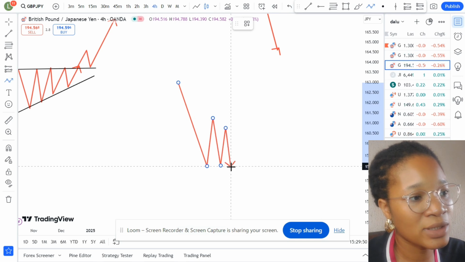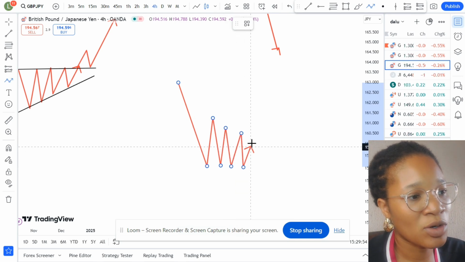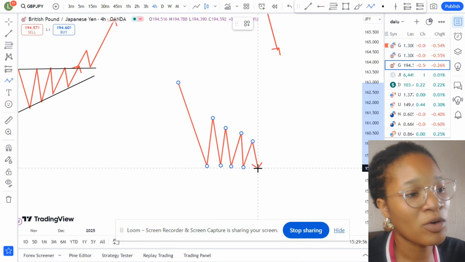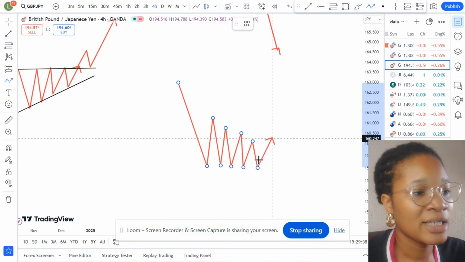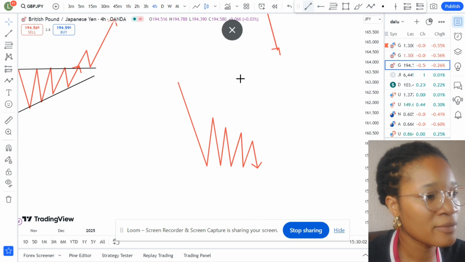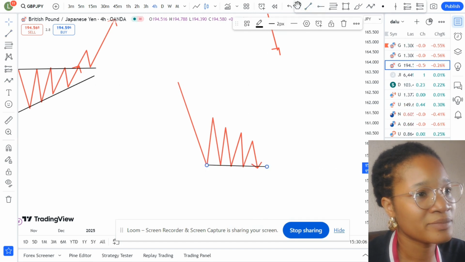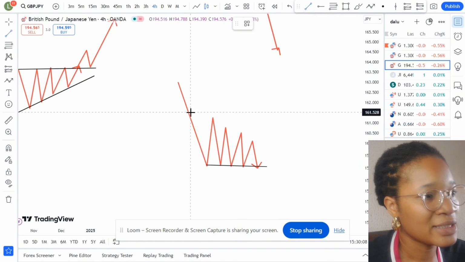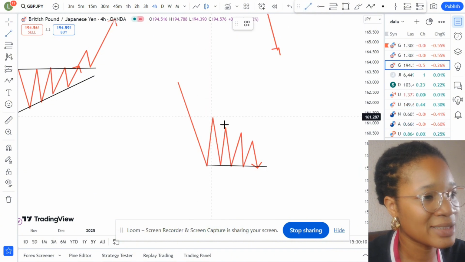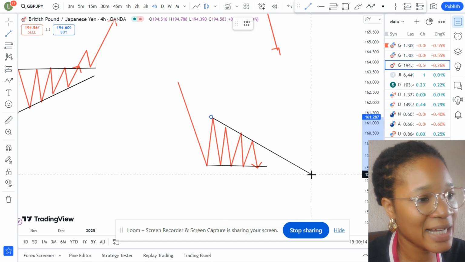You can draw a diagonal line across all the swing points, but when it comes to the other side, what you will find is something that seems like a strong support, a diagonal resistance, and so I'm just going to be extending that.